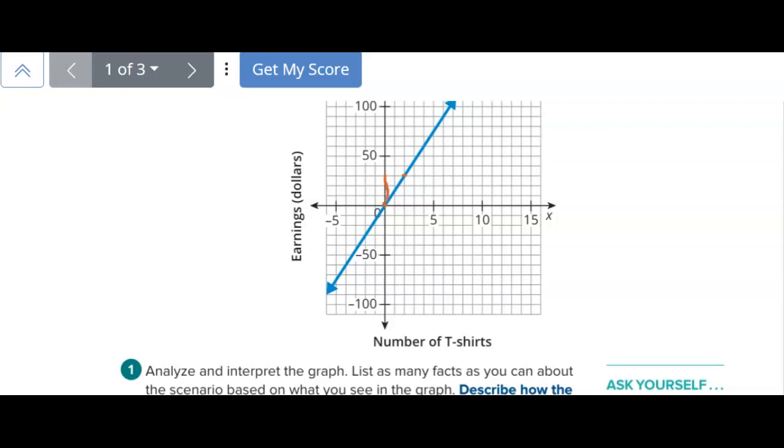What's the vertical change between these 2 points, going from 0 to 30? And what's the horizontal change, going from 0 to 2? So remember that you're going to be calculating your vertical change over your horizontal change, and then simplify that fraction, and that will give you the slope, which is also the amount that Marilyn charges per t-shirt.